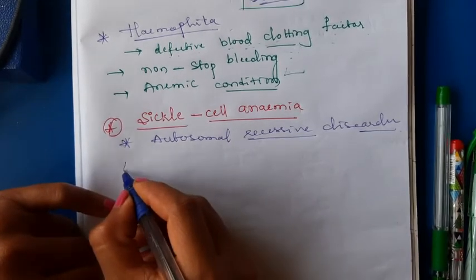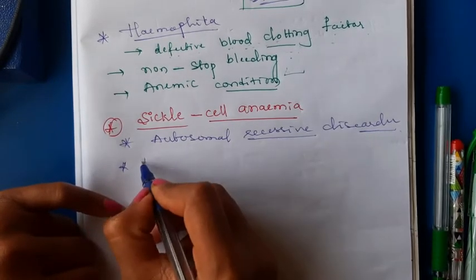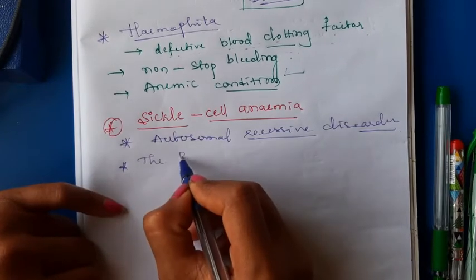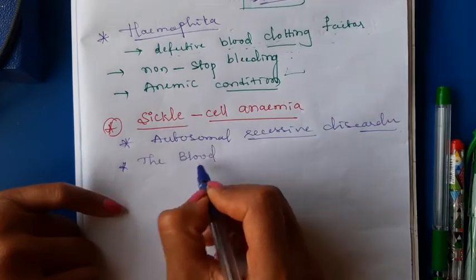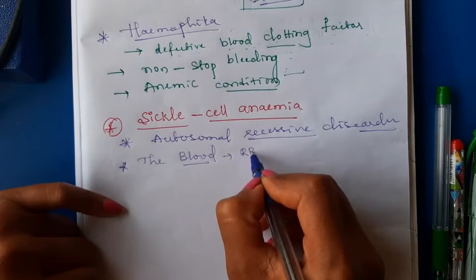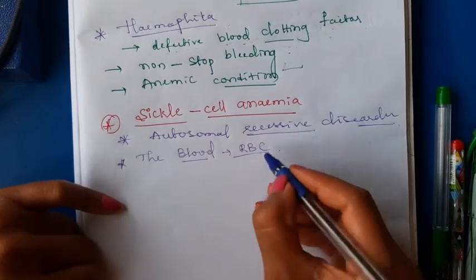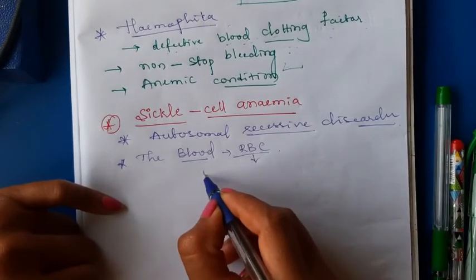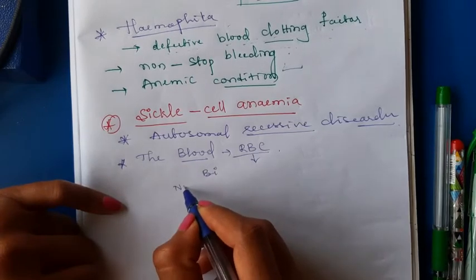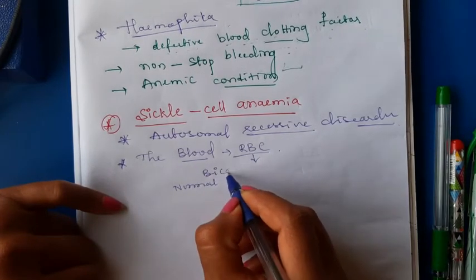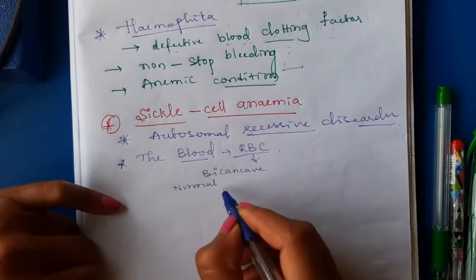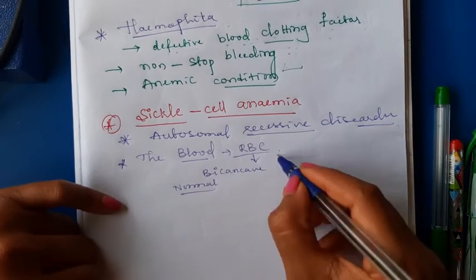Here in case of sickle cell anemia, the normal blood RBC is usually biconcave. I will write normal biconcave shape.